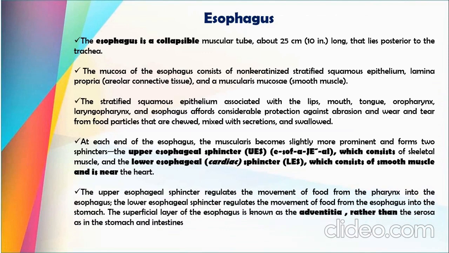The upper esophageal sphincter regulates the movement of food from the pharynx into the esophagus. The lower esophageal sphincter regulates the movement of food from the esophagus into the stomach. The superficial layer of the esophagus is known as the adventitia rather than the serosa, as in the stomach and the intestine.